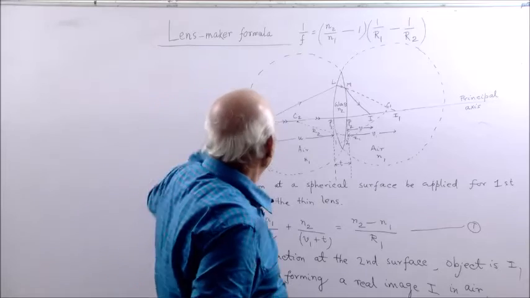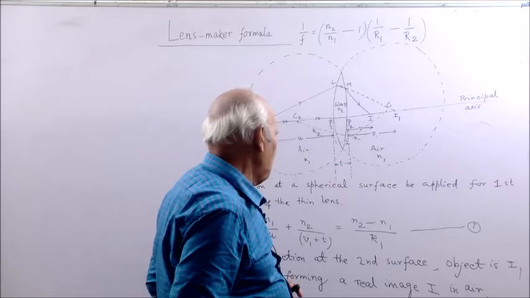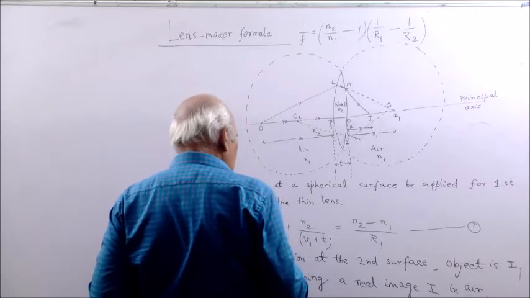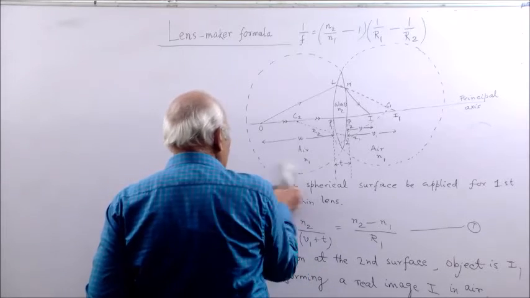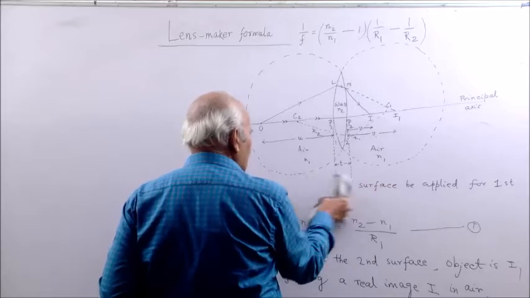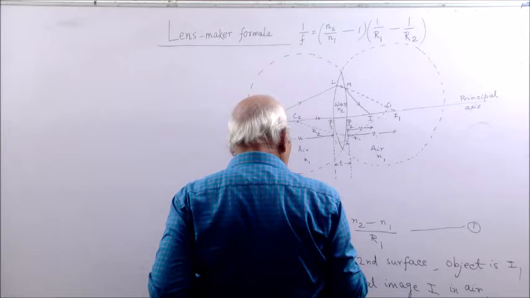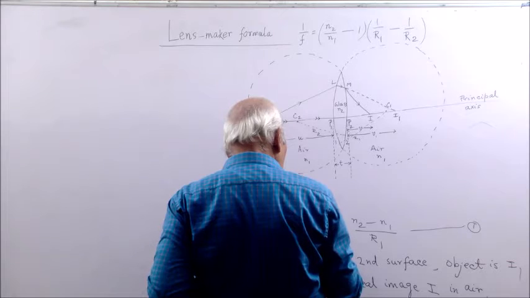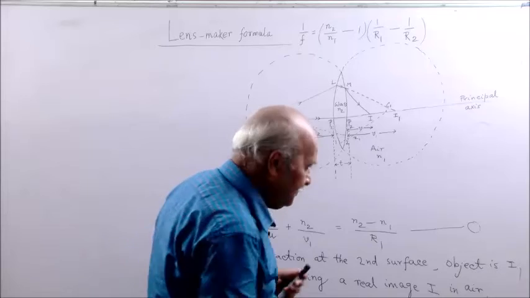We will apply this to the thin lens. Thin lens means t tends to 0. So for a thin lens, this small t, that is the thickness, tends to 0, so that equation 1 becomes this one.